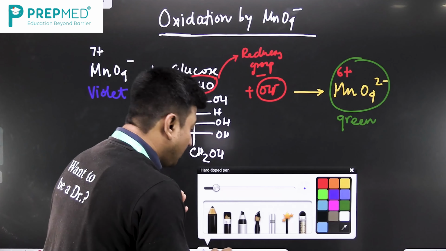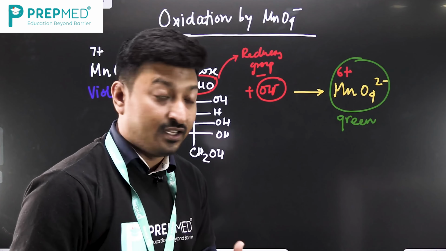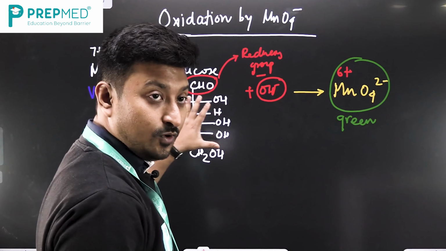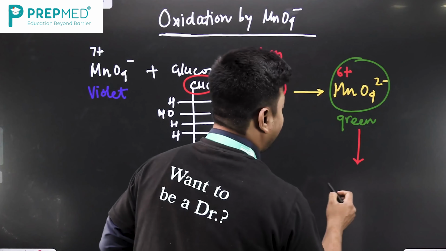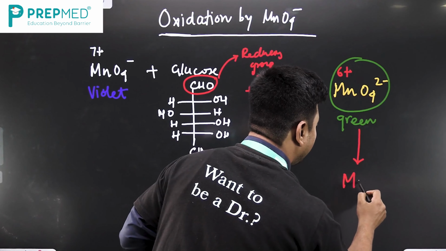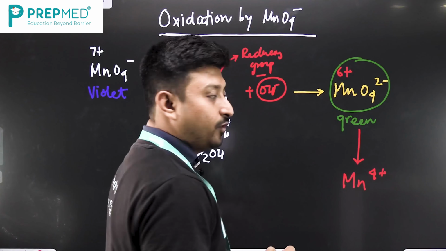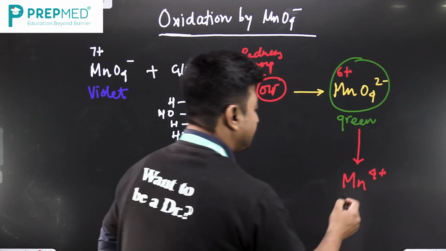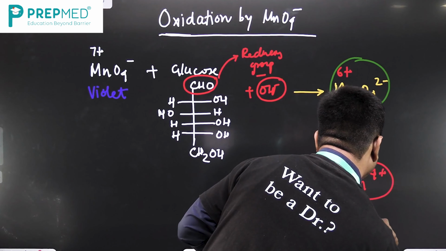Now further reduction by the glucose molecule changes this to Mn4+. Now this Mn4+, what we saw, is basically red in color.